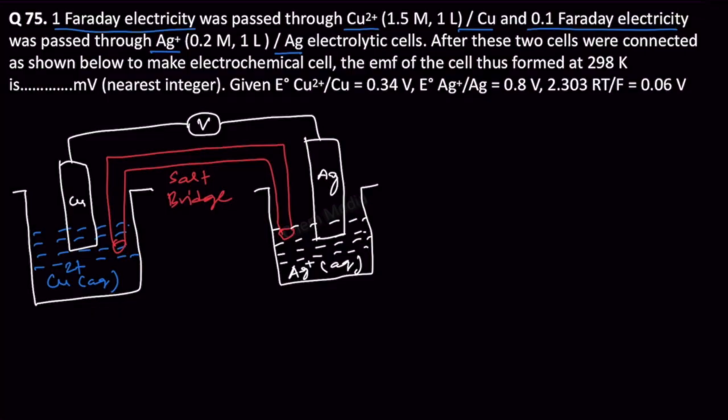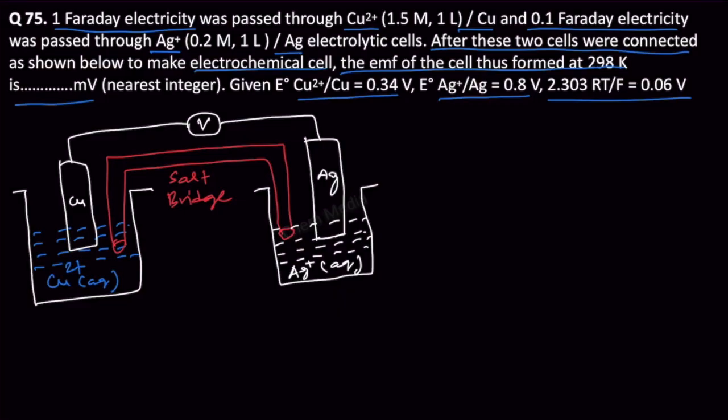After these two cells were connected, as shown below, to make an electrochemical cell, what is the EMF of the cell thus formed at 298 K? We have to find the answer in terms of millivolts. The given values are the reduction potential of Cu2 plus to Cu and of Ag plus to Ag, and in the next equation, the term we use is given as 0.06 volt.